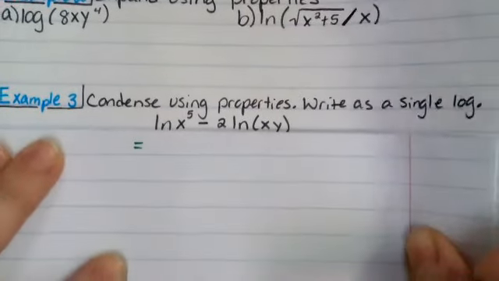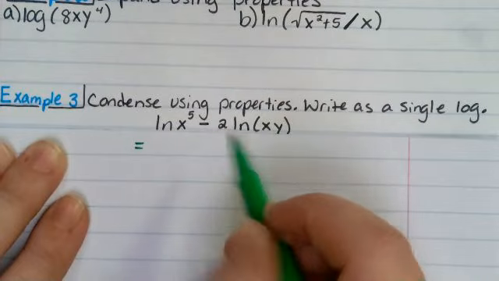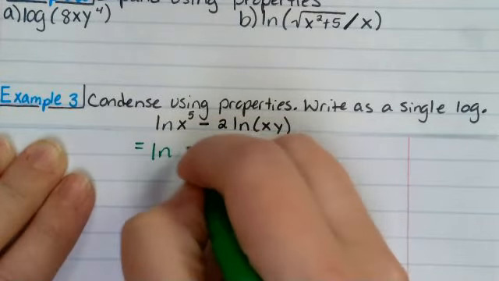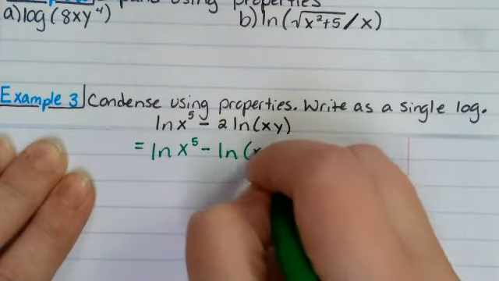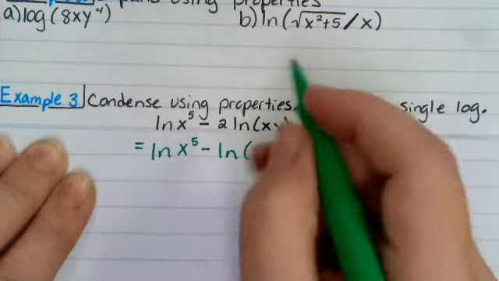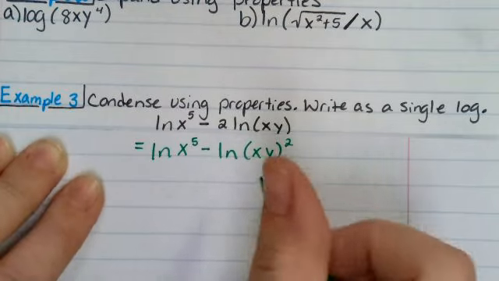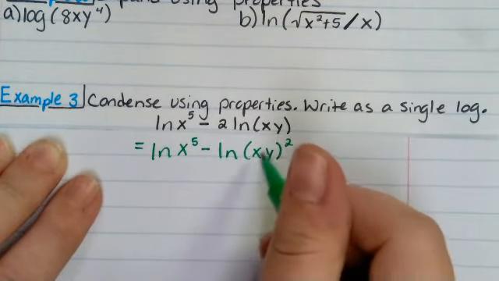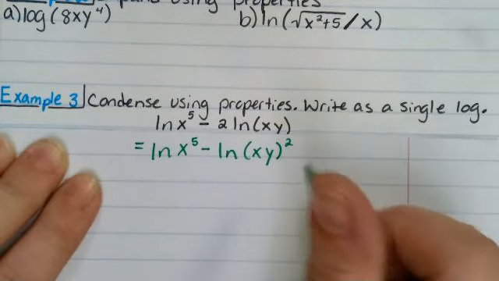Let's use the power rule and rewrite it so that this term does not have the 2 in the front. It would really be the natural log of x to the 5th minus the natural log of xy, that product, squared. Okay? And so what we really should be having here is, remember, this is xy all squared. It's not just the y that's squared. It's both x and y.